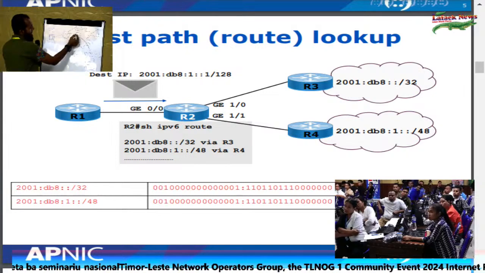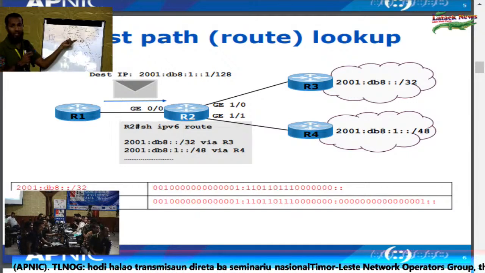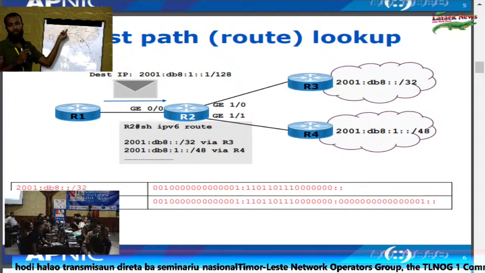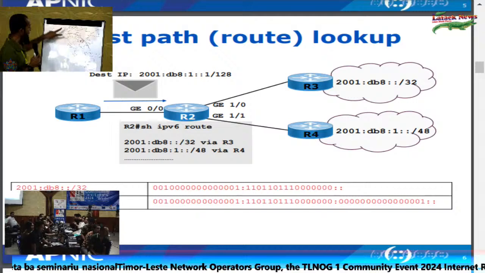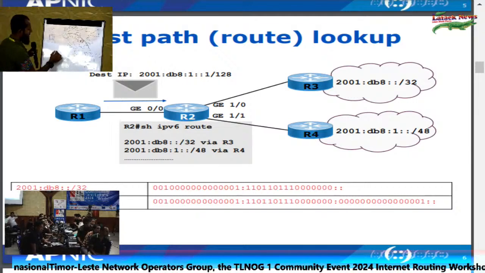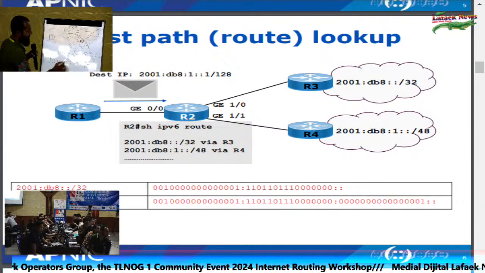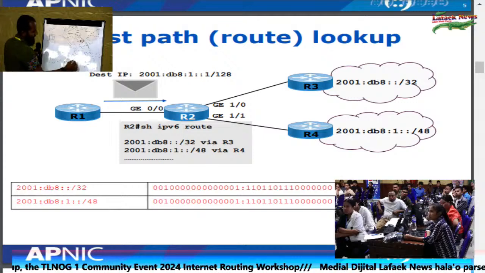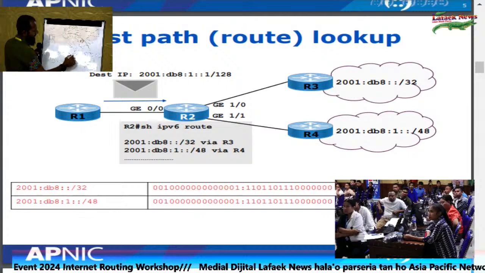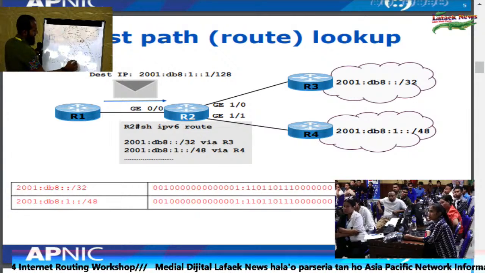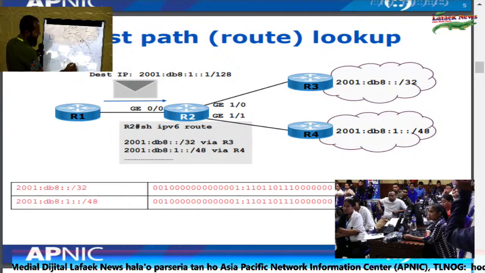Now let's say this neighbor is telling you 10. This one is, let's say, a /16. This one is, let's say, /8 would be the best, /8, and this one is, let's say, /16.